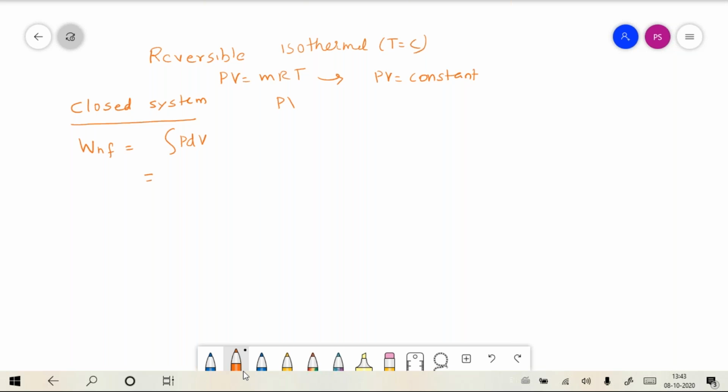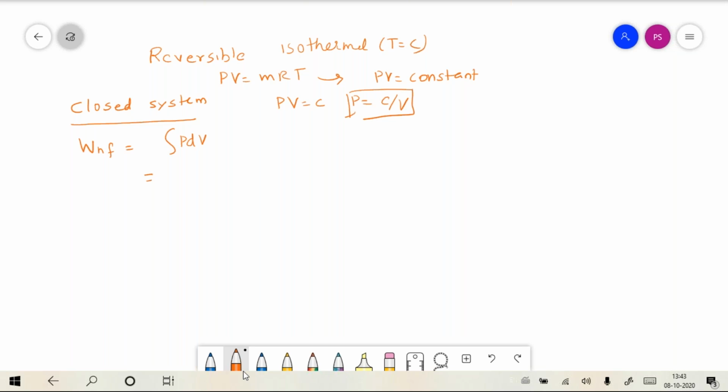You will find that all these derivations are a bit boring, but there is no alternative, you need to practice a lot. In the exams, you might be asked such derivations: derive the expressions for work transfer, heat transfer, for a closed system, open system like this.